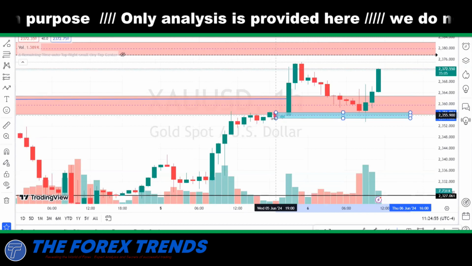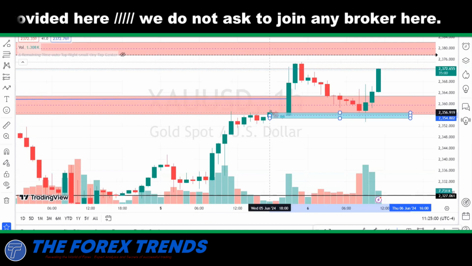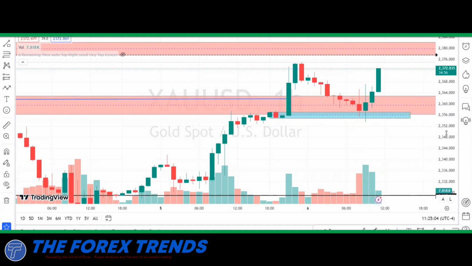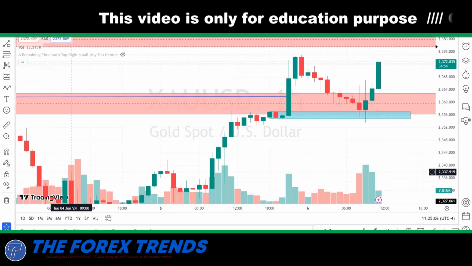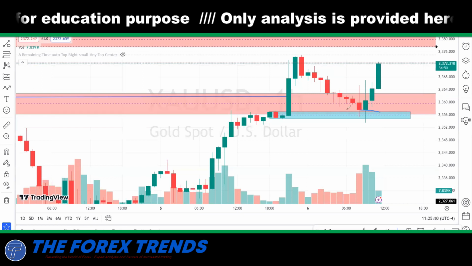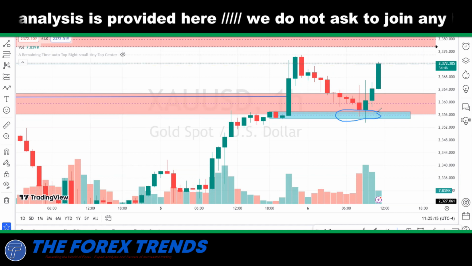Okay guys, like this. As per our strategy, we need to initiate a buy from this level when the market comes to this zone.